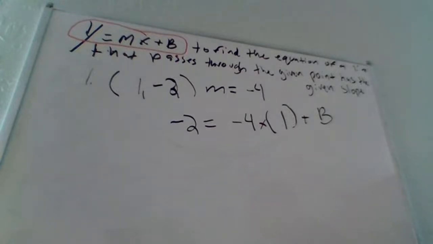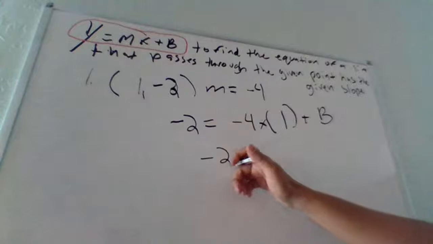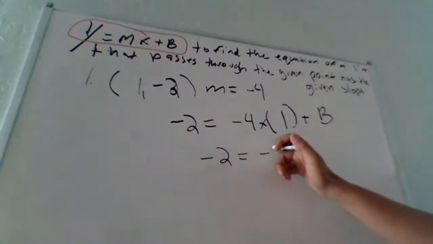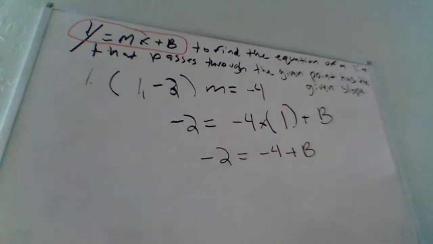So now we got -2 equals -4 plus b. And then what?